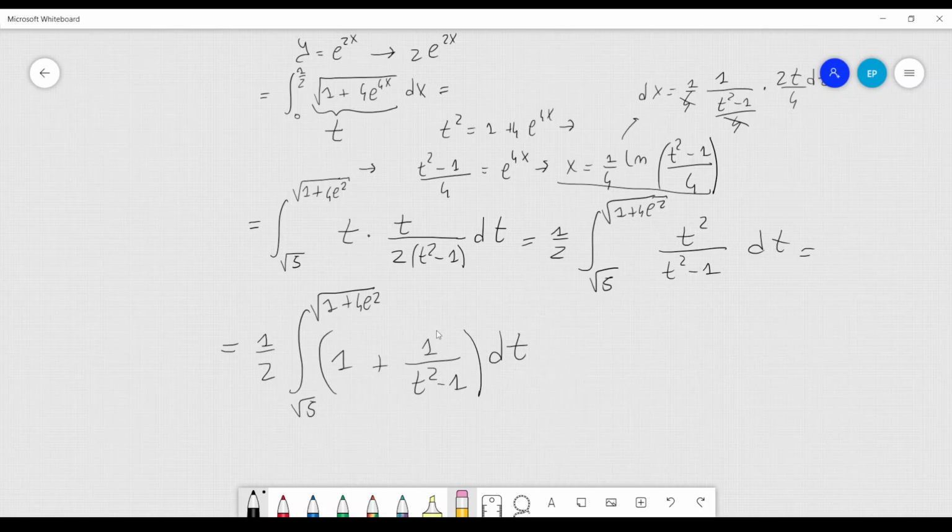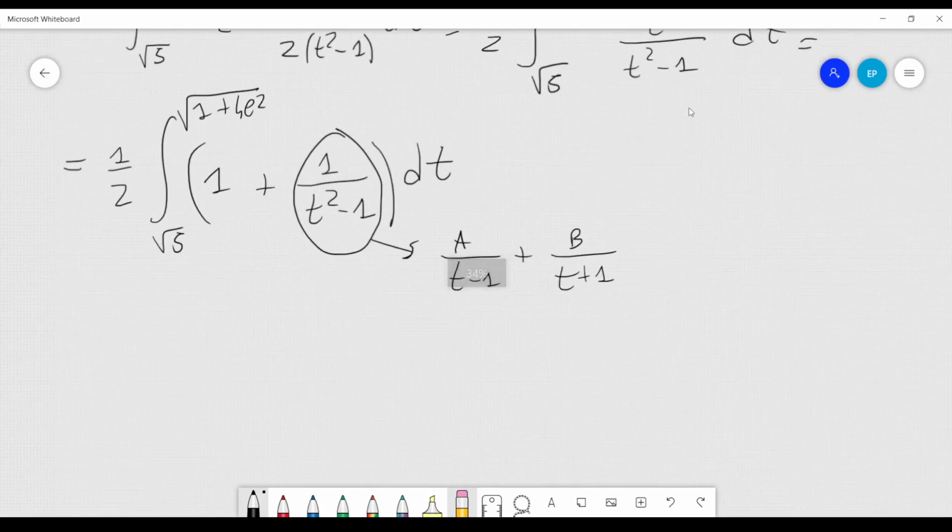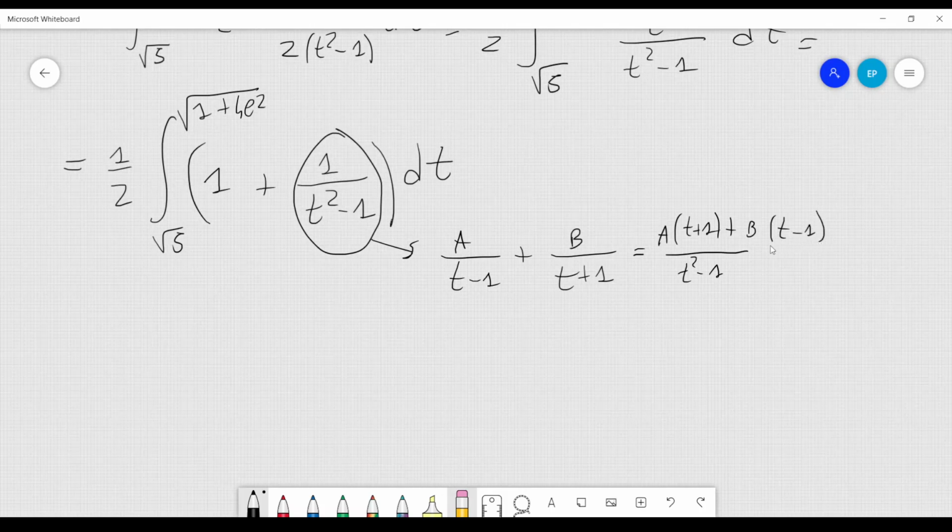And then we can also rewrite this as a over t minus 1 plus b over t plus 1. And we have to find the coefficients a and b. In order to find them, we have to put these two terms together. So we have t squared minus 1, and here we have a times t plus 1 plus b times t minus 1.